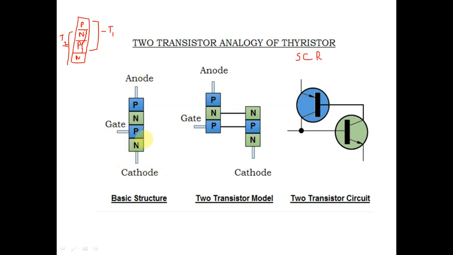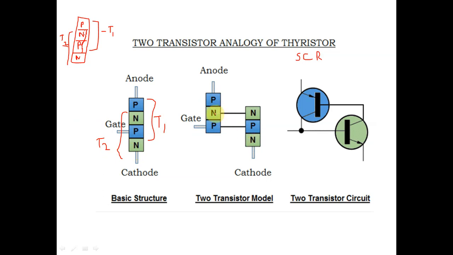First transistor is T1, and this one is the T2 transistor. The first transistor is the PNP transistor and the second one is the NPN transistor.